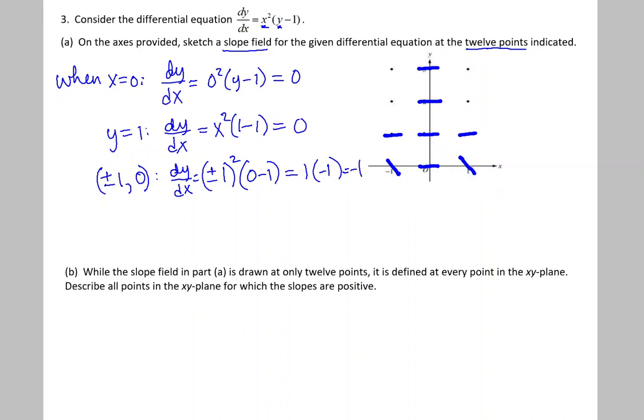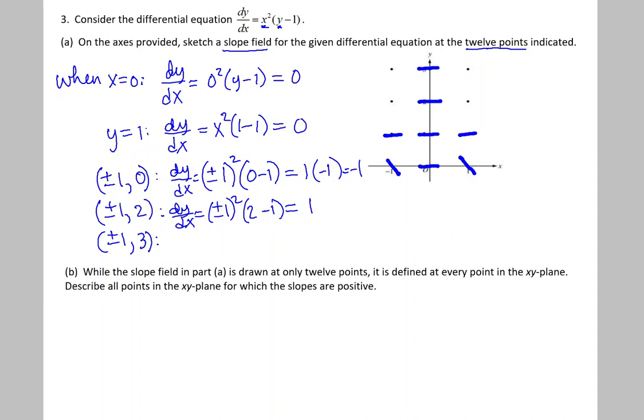What other points are left on the graph? How about when x is 1 and y is 2, and when x is 1 and y is 3? So we still have to find out what it is at 1, 2 and at 1, 3. So let's do those two slope values as well. Again, plus or minus 1 is going to be squared, and then 2 plugged in gives me positive 1.